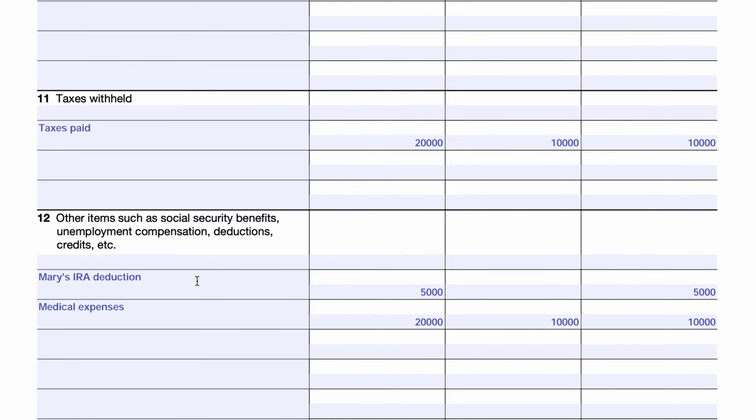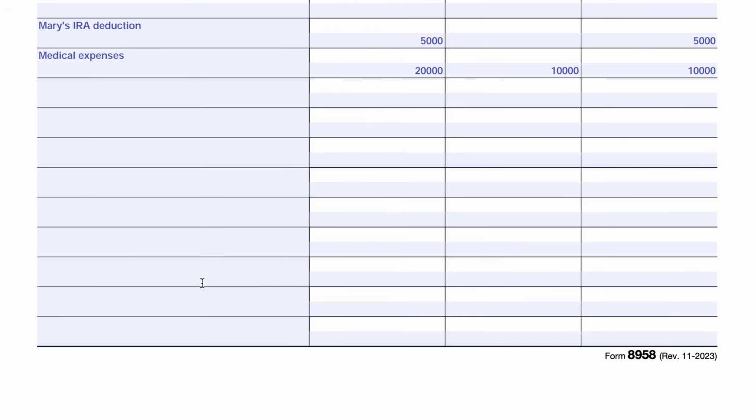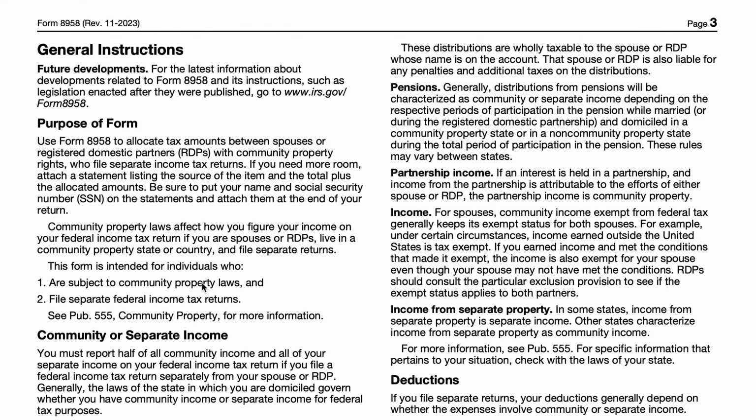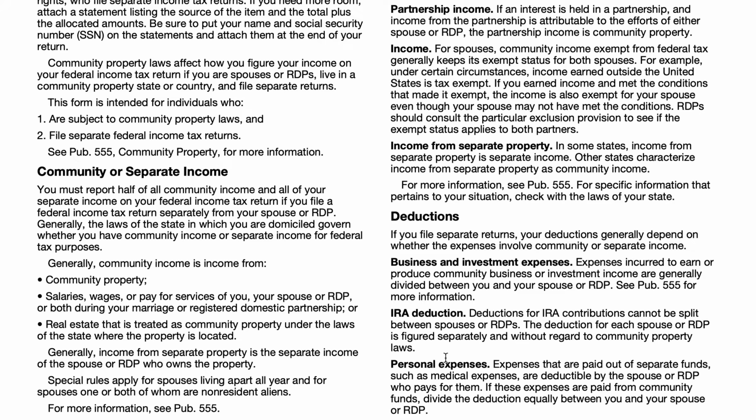For medical expenses, let's say that they itemized and claimed a total of $20,000 worth of medical bills. In this case, maybe they split those expenses. And again, it does depend. And here are the personal expenses. So if they're paid out of separate funds, then they're deductible by the spouse that paid for them.